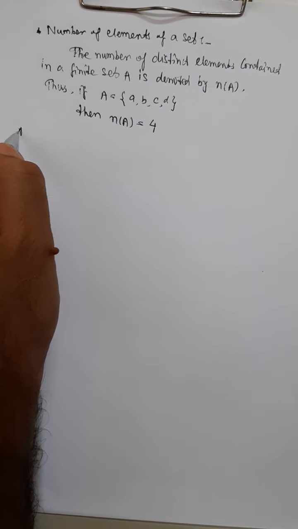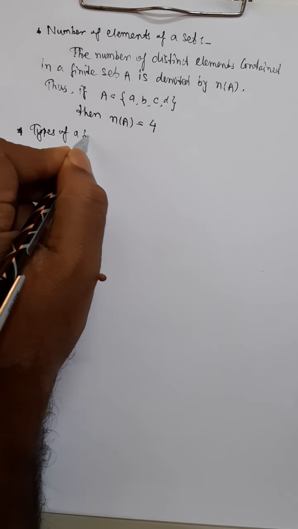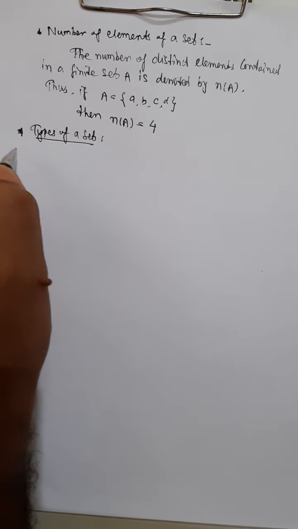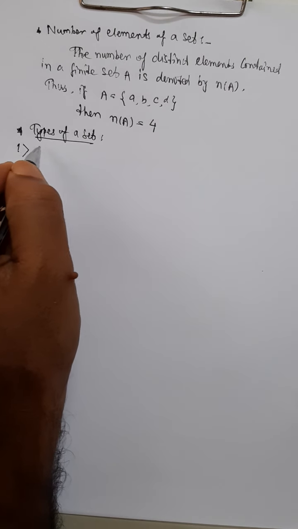Then we will see types of a set. First, null set or empty set.